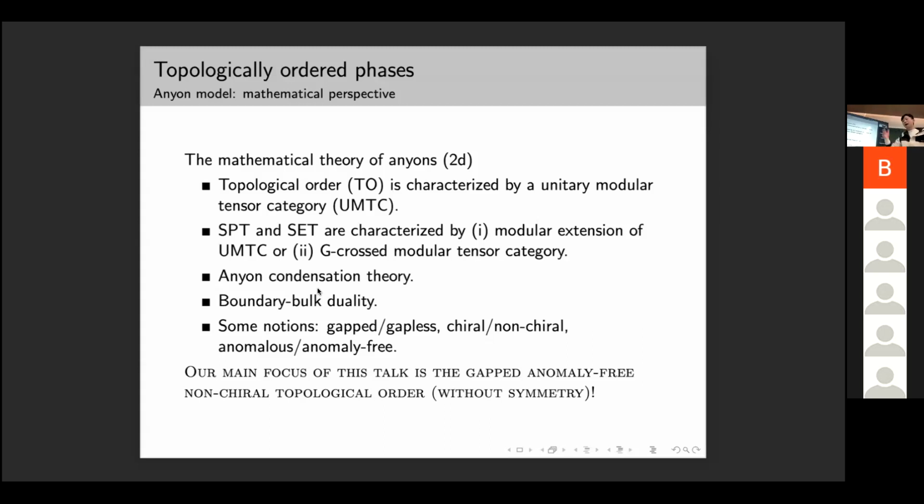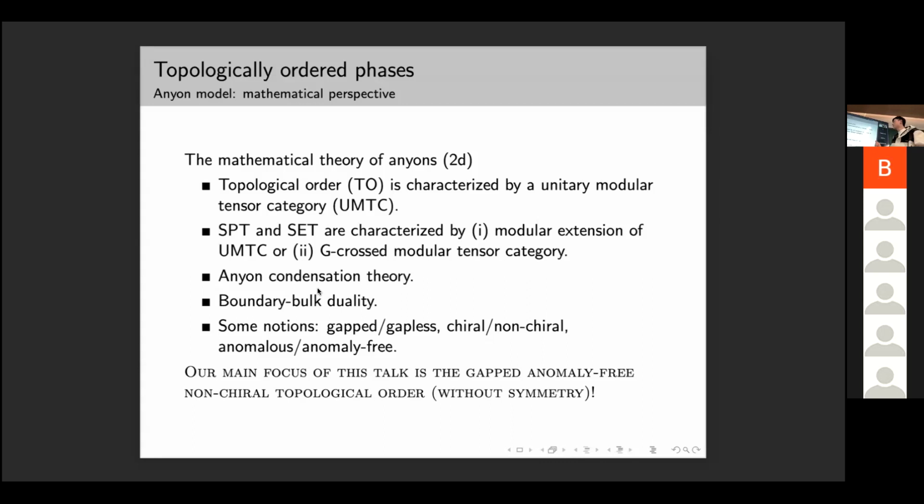In this theory, we have a symmetry group G, and we know that Rep G is a category. We have the original UMTC, and we need to use Rep G and this UMTC to construct a bigger modular tensor category. This modular tensor category can be used to describe the SET phases.